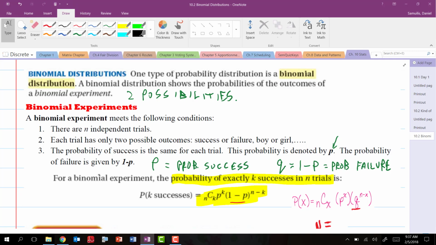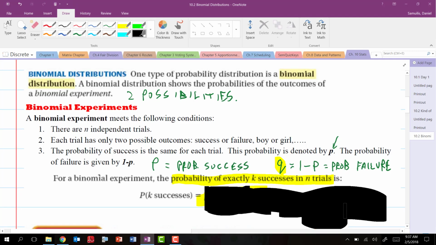Now, what I have written next here is just a difference of variables, because we do have a formula coming up that uses Q. P is the probability of success. Let me get rid of this just to get us focused on what we need to be focused on.